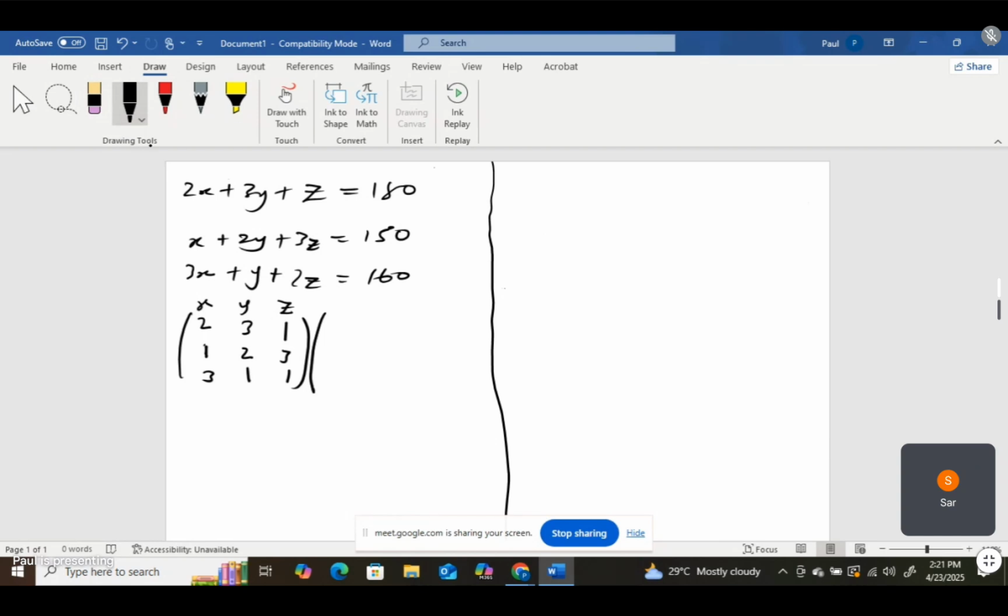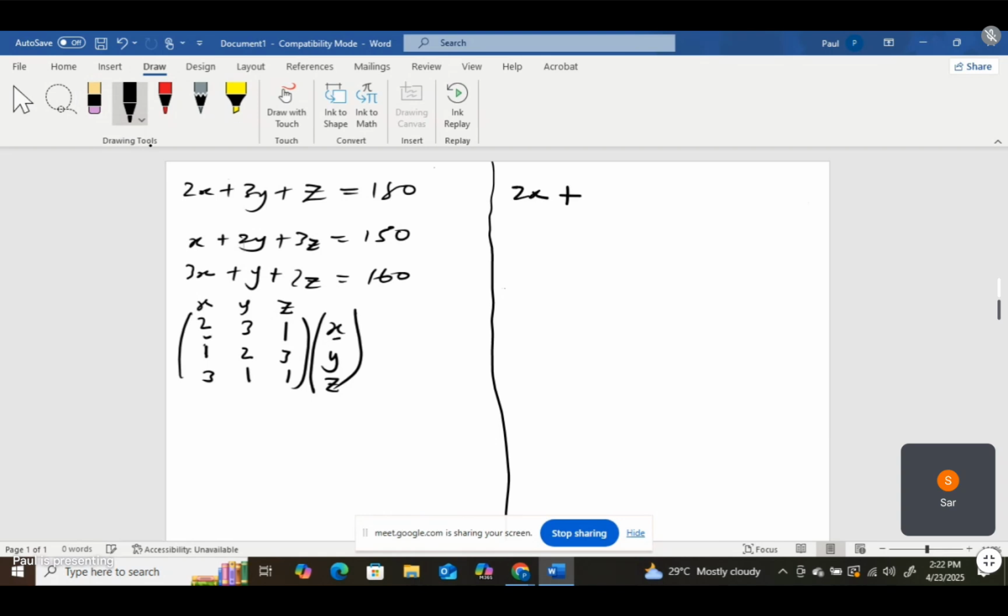Then we write x, y, z in this way. The reason is that when we multiply, this is how it becomes: x by 2 plus y by 3 plus z by 1. The x here will multiply this 2, so we get 2x.